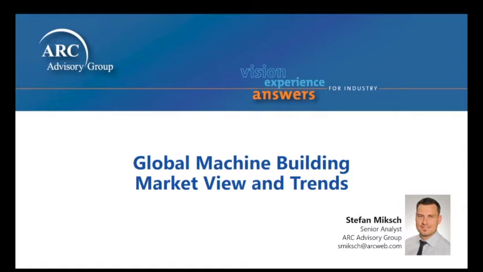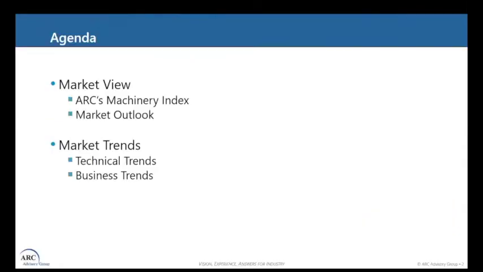So this web window is covering the topic global machine building, and I will give you a brief overview of the market and the trends that we see within this industry. To do so, I will go shortly through the agenda. Regarding the market view, I will present ARC's machinery index, which is a way of showcasing data that we collect, and give you some examples for specific machinery segments, what we have experienced here in terms of market developments.